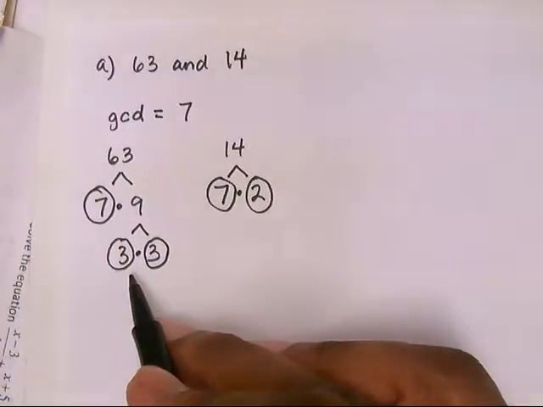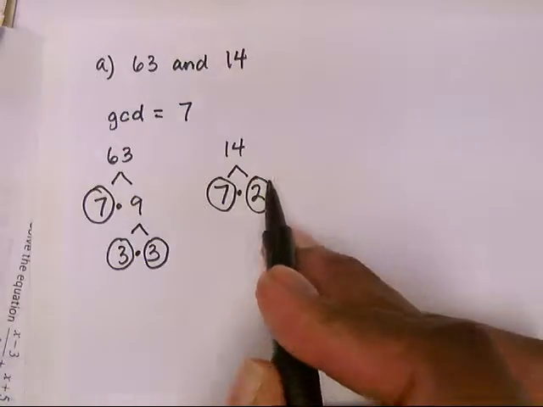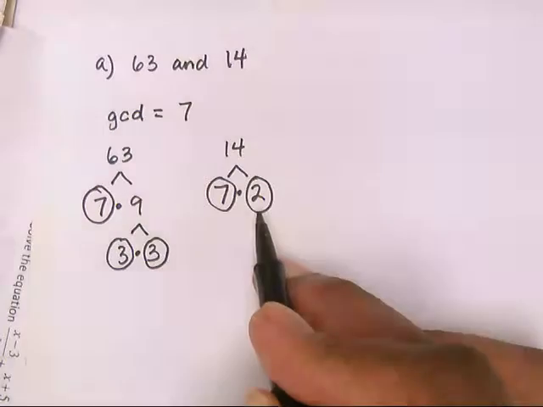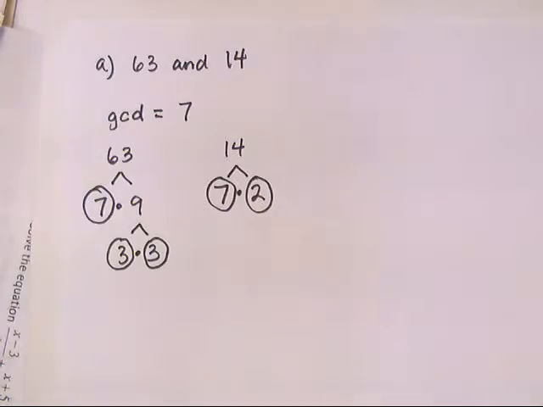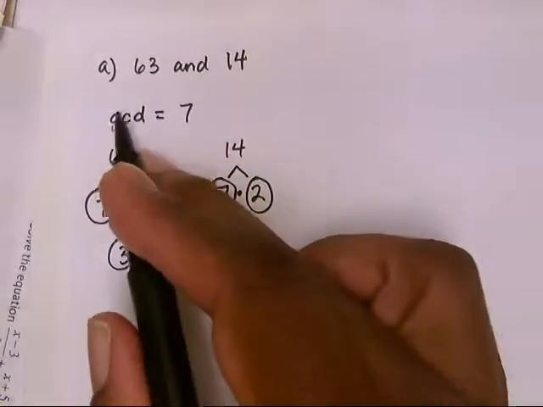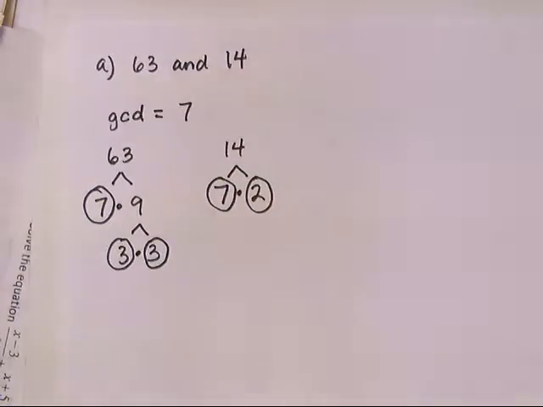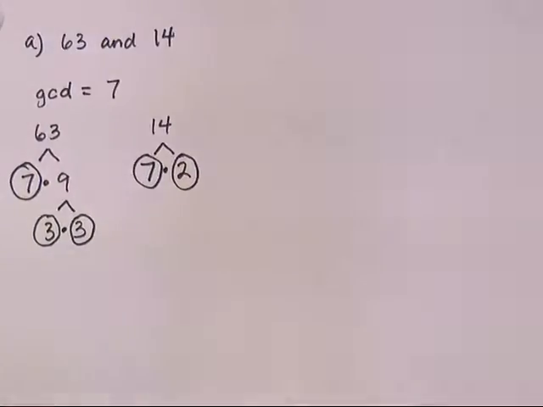Now I can't use 3 because 3 is not a factor of 14, and I can't use 2 because 2 is not a factor in 63. So the greatest common divisor for 63 and 14 would be 7. Okay, that's how we find the greatest common divisor.